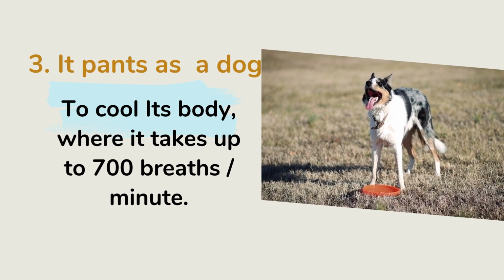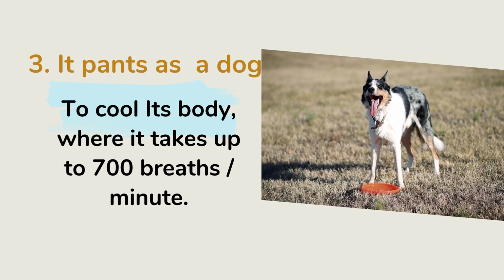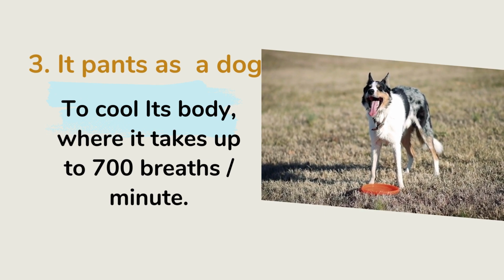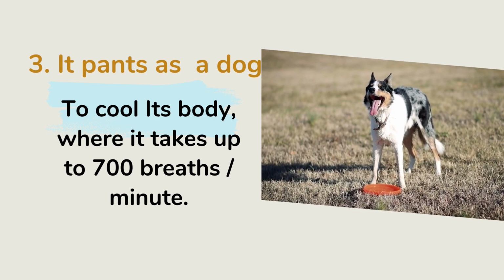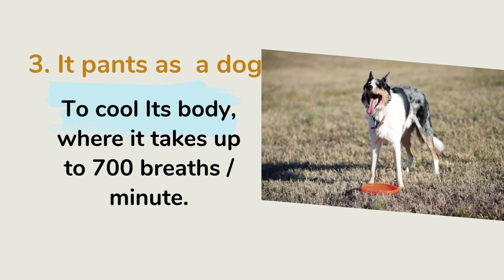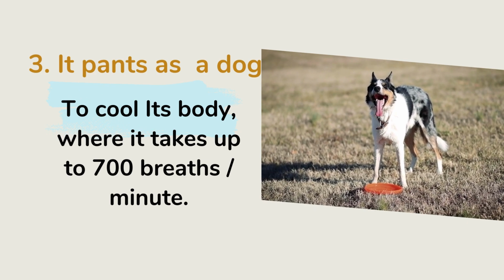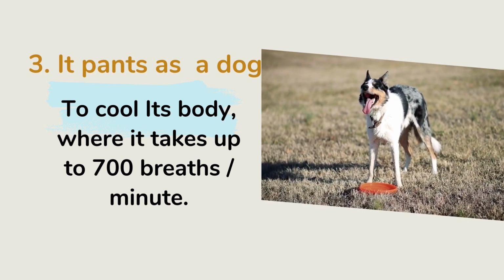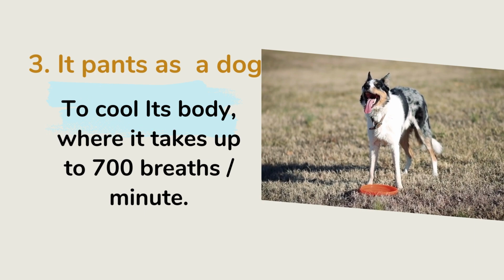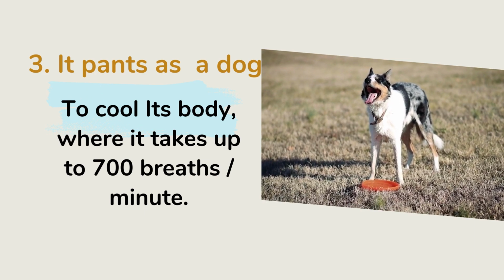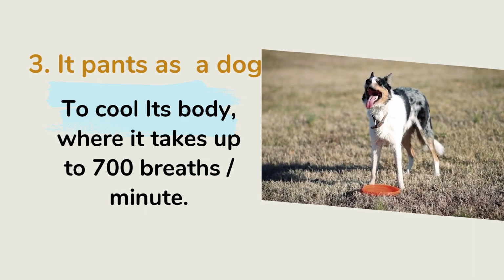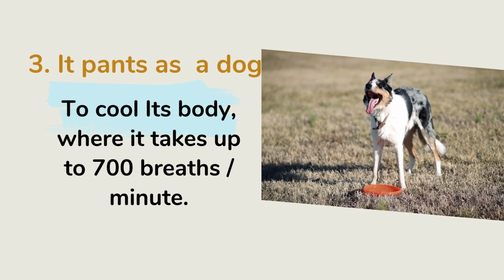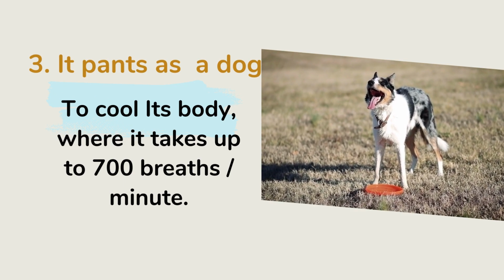This action cools its body, where it takes up to 700 breaths per minute. Can you imagine? It breathes heavily like this 700 times per minute. So this is a behavioral adaptation it makes to cool its body.